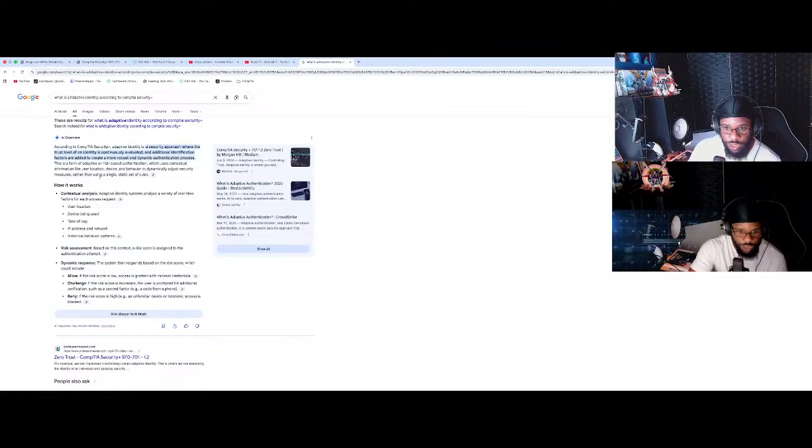This is a form of adaptive or risk-based authentication, which uses contextual information like user location, device, and behavior to dynamically adjust security measures rather than using a single static set of rules.